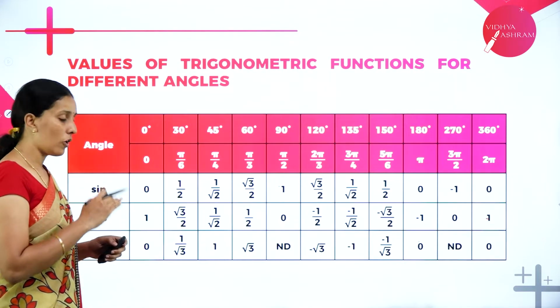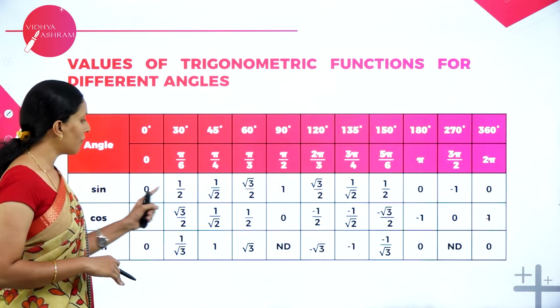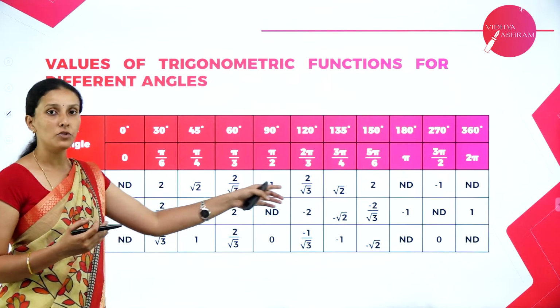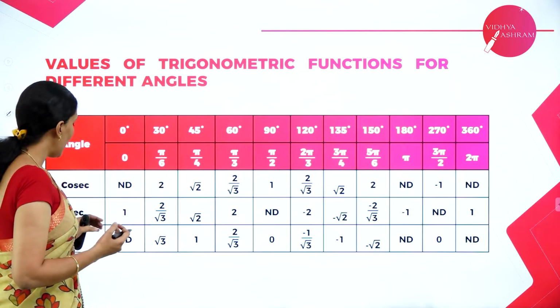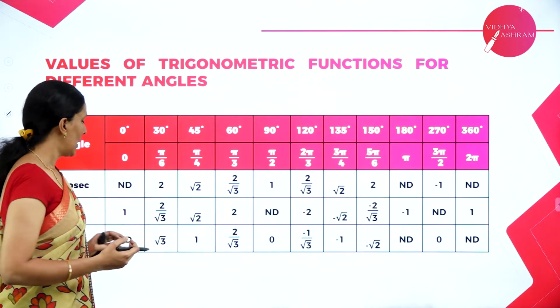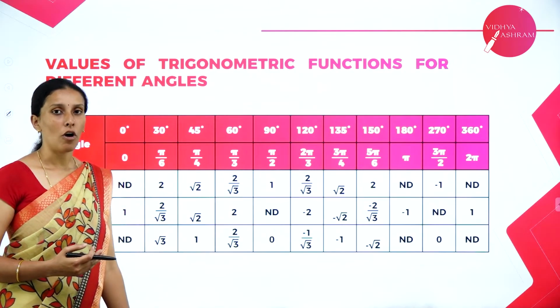Cosecant is the reciprocal of sine, so it is 2. Whatever the value you have for sine, the reciprocal is the value for cosecant. Similarly, the cos value is taken as reciprocal for secant, and the tan value in the form of reciprocal for the cot function.